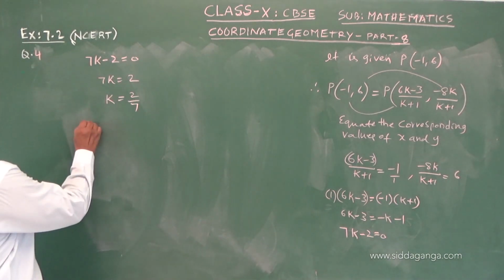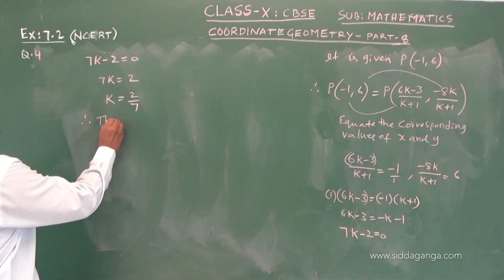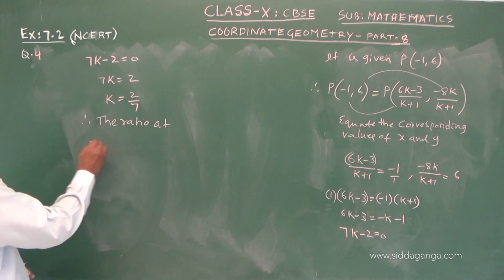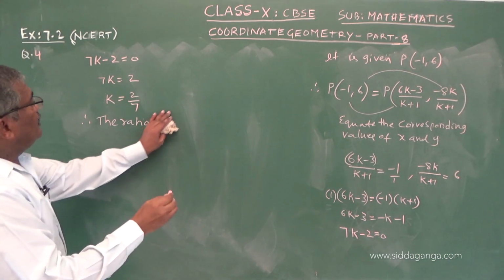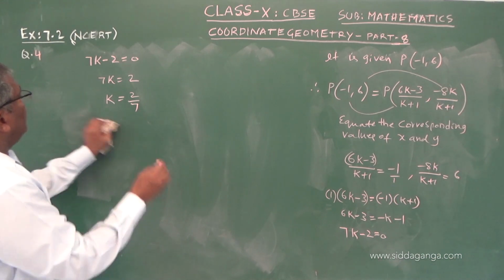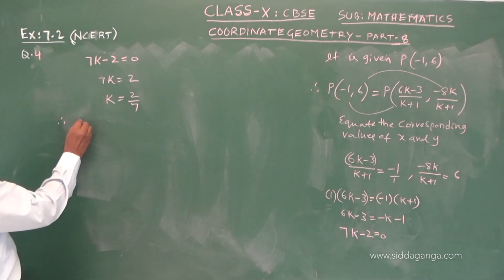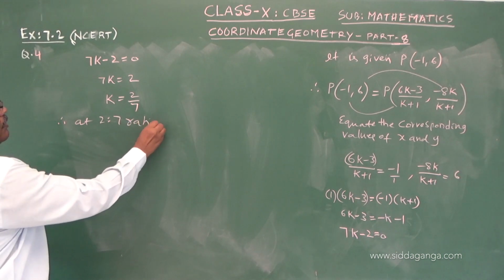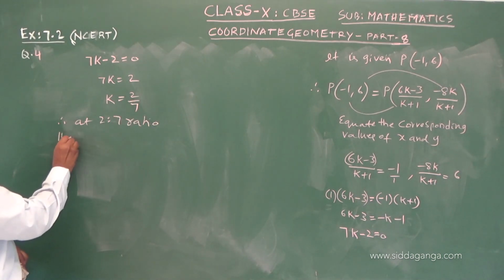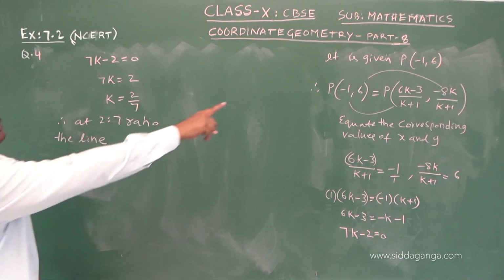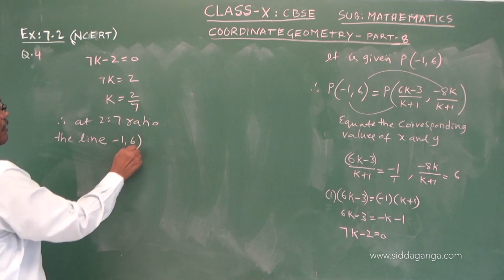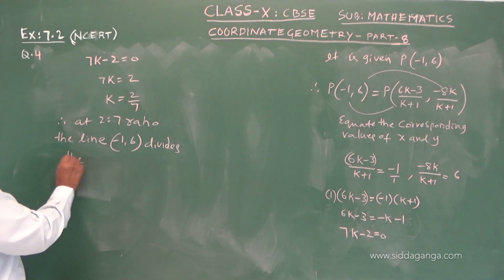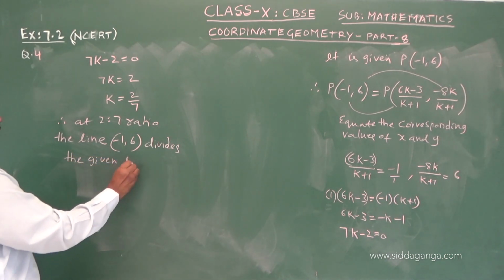So therefore, at 2:7 ratio, the line divides the given line at -1, 6.